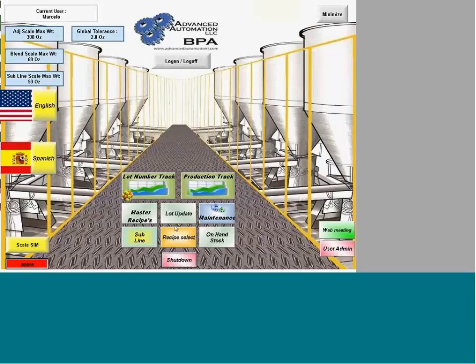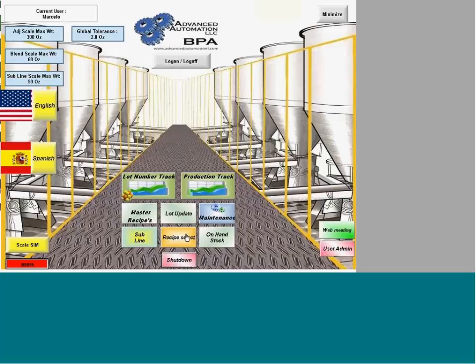As the operator logs in, you assign the level of security that they're allowed to enter. You wouldn't want the production folks getting into the maintenance screen, and you definitely don't want maintenance running any lot numbers. So you can assign each of those, and we'll get to that as well.